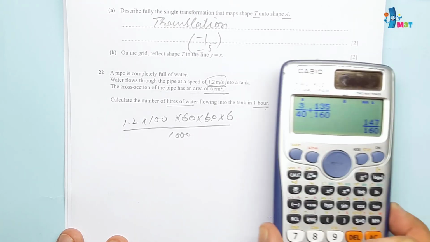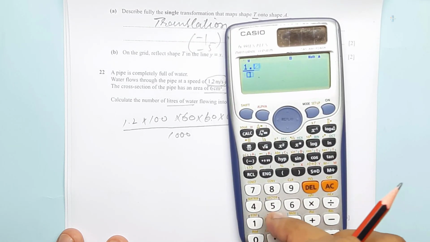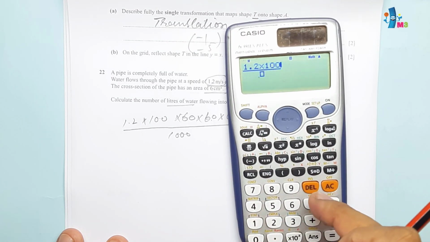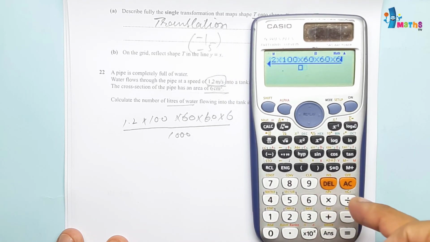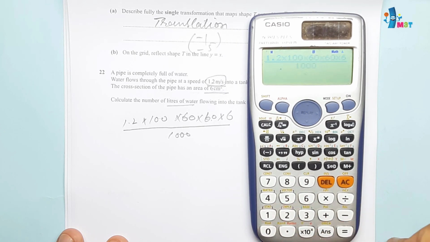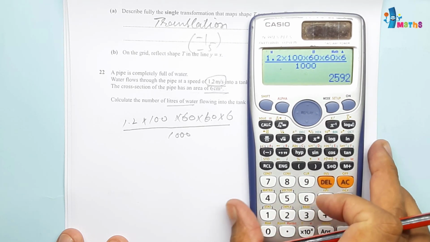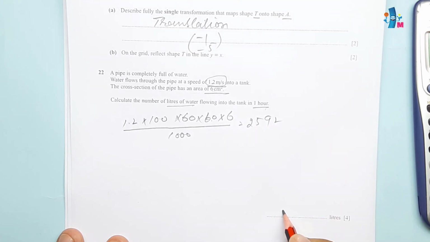We'll just calculate this. This one is 1.2 into 100 into 60 into 60 again, and into 6 divided by 1000 will be equal to 2592, and we can write the answer over here.